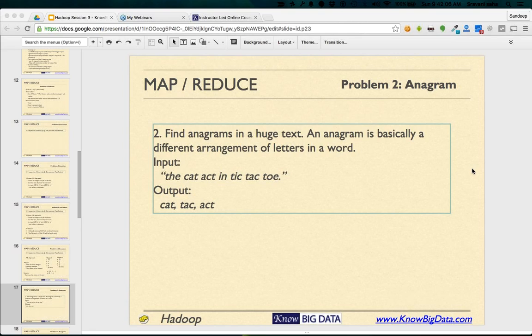We have to devise a key which is common to all of the anagrams. And what is it that is common to all of the anagrams? How would you form such a word? Given a word, how would you bring all the anagrams together?